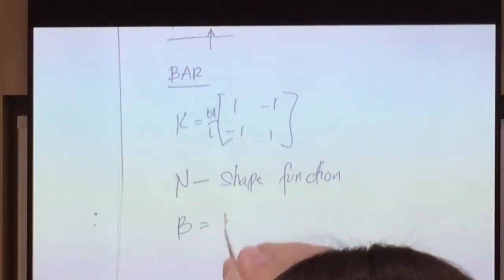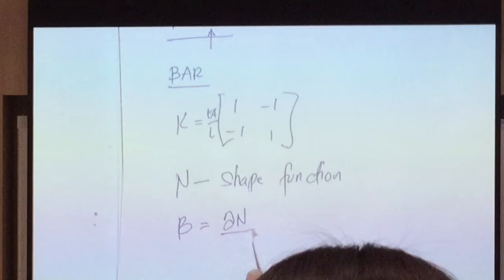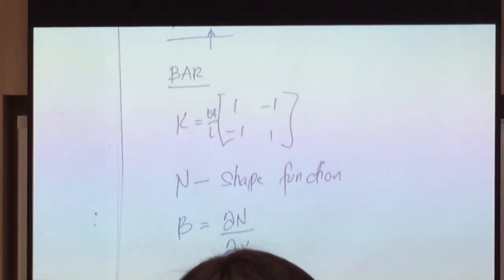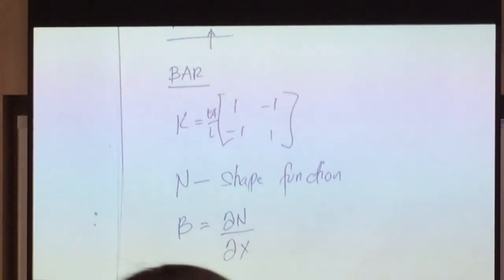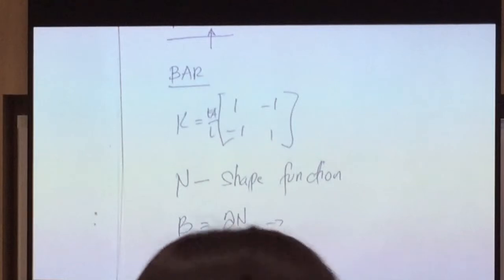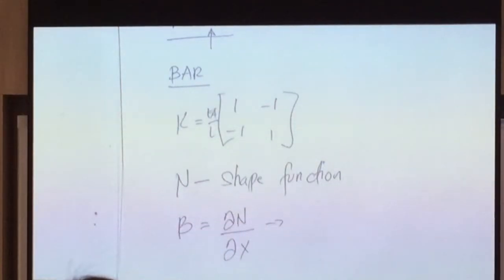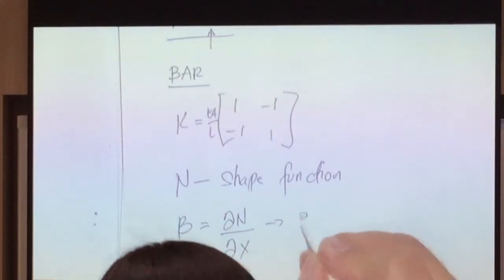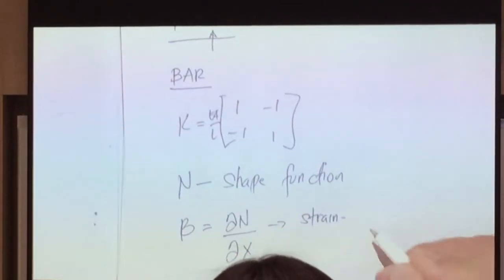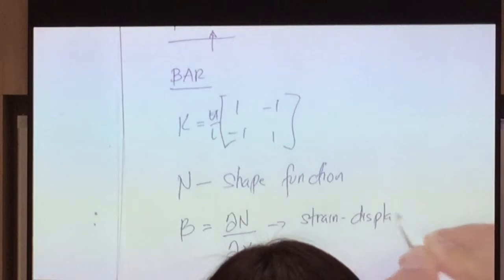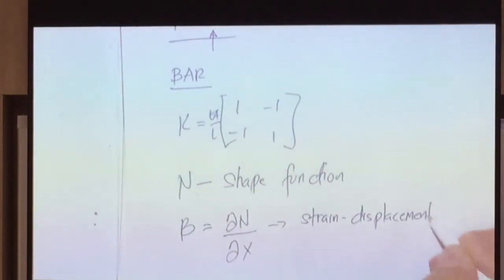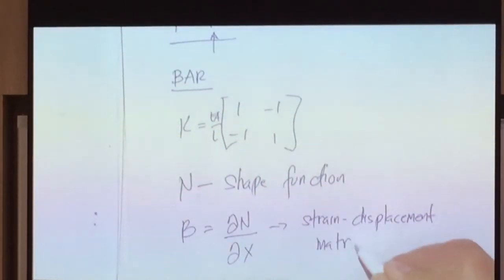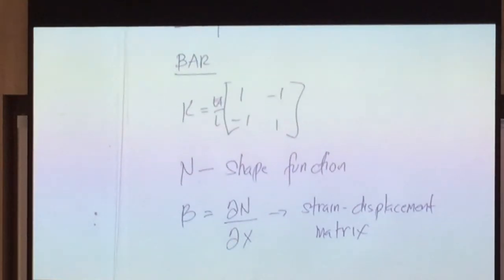What is the partial derivative of that shape function with respect to x? This is your strain displacement matrix. So we're just defining terms, expanding our vocabulary in finite element.